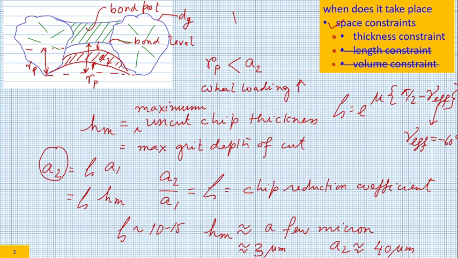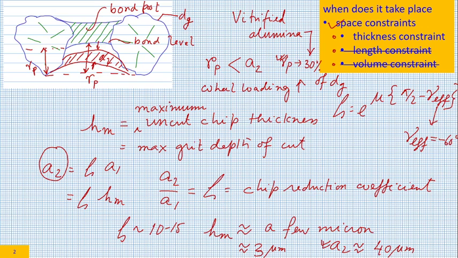Typically for vitrified alumina chip, your protrusion is around 30% of DG. So if your DG is 150 micron, RP would be also around 45-50 micron. So this particular quantity and this particular quantity, they are very similar.